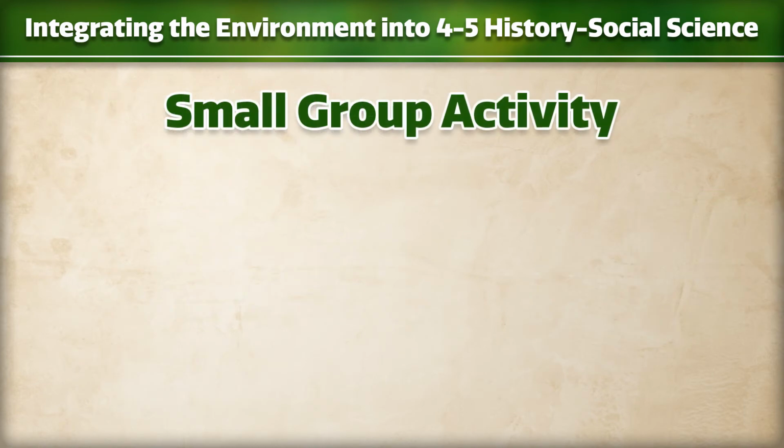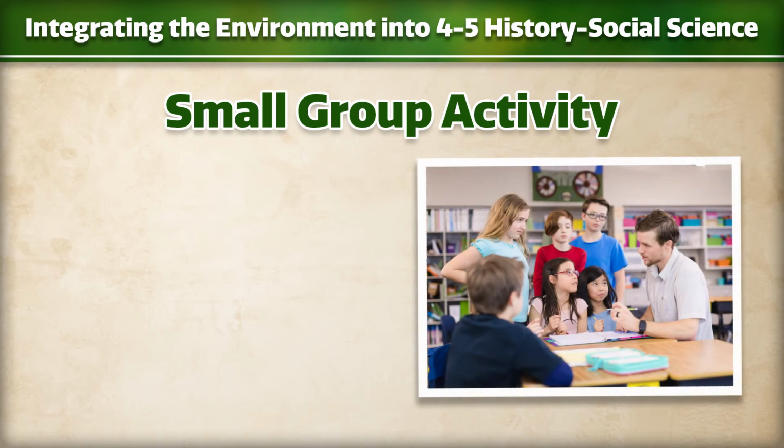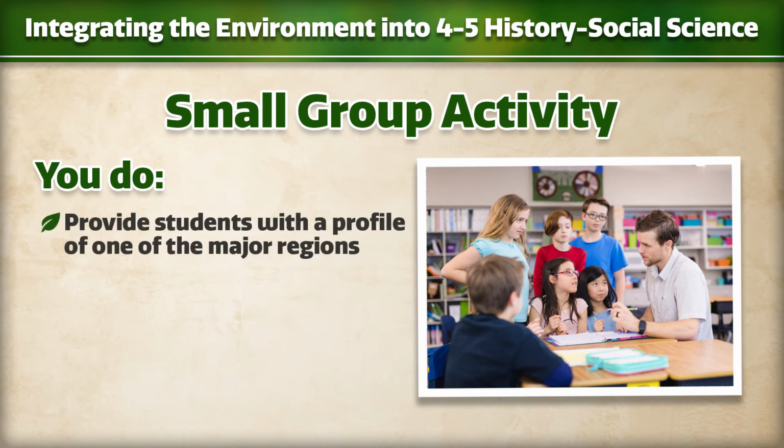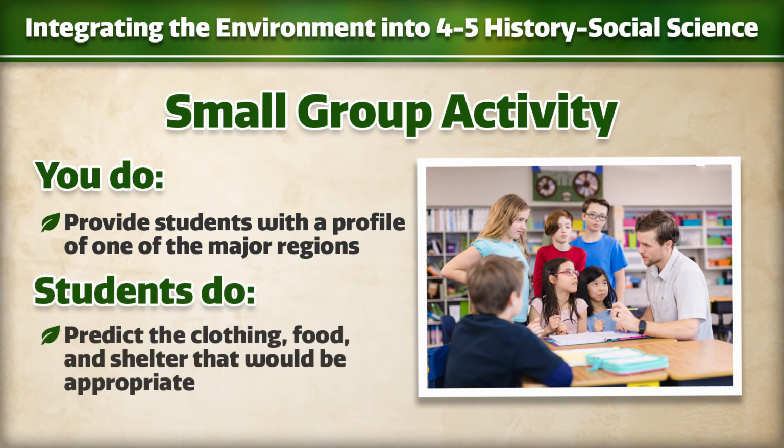In this lesson, you start by placing your students in small groups and prompting them with the compelling question. Once your students are in groups, you will provide each with a profile of one of the major regions identified in the compendium. Students then work collaboratively to predict the clothing, food, and shelter that would be appropriate for the region's environment.